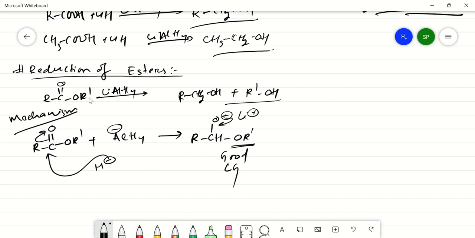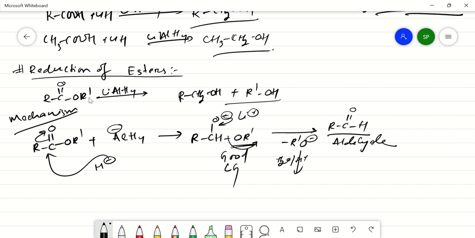So this negative ion will come back, and this will give R dash O minus plus RCHO, which is aldehyde. On hydrolysis with H2O/H plus, this will produce R dash OH, and this on further lithium aluminum hydride and hydrolysis will produce RCH2OH. Okay, this is the reduction of ester in presence of lithium aluminum hydride to produce alcohols.